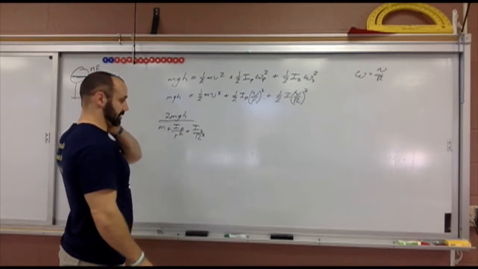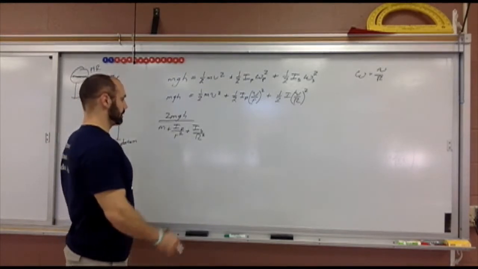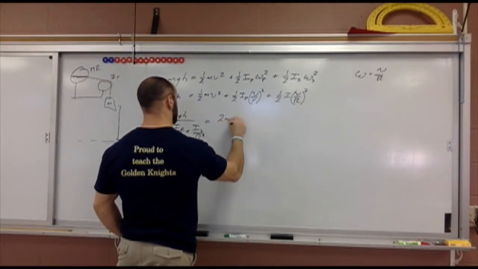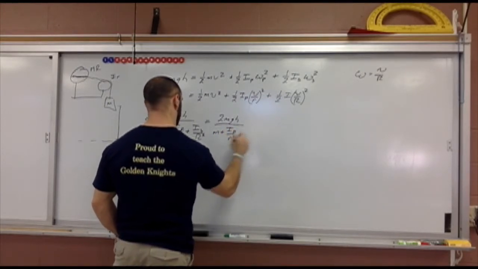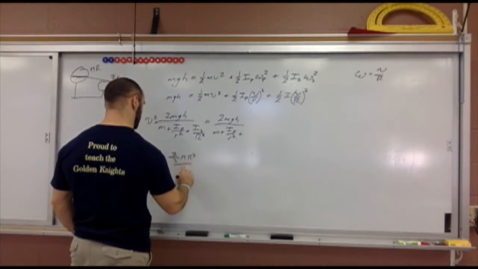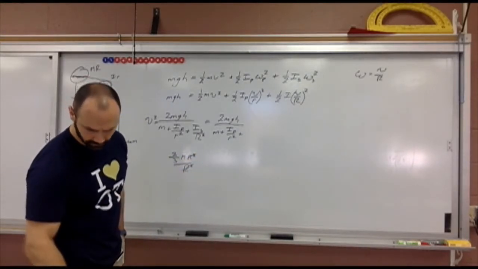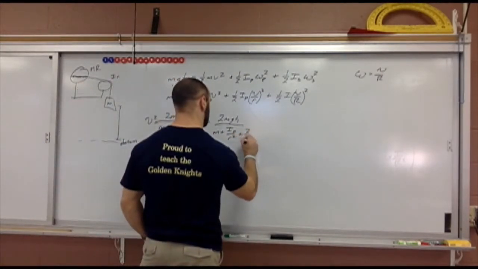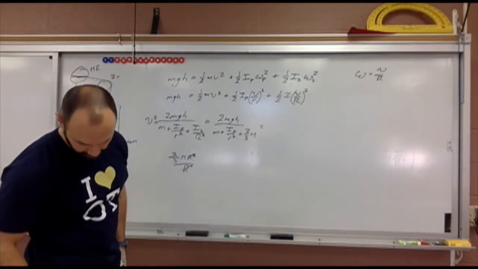And again, the spherical shell is 2/3 mr squared. So this is v squared. So now I have 2 mgh over m plus the mass of the pulley over the radius squared plus 2/3 mr squared over r squared. So the r squareds cancel out. They're just left with 2/3 m.